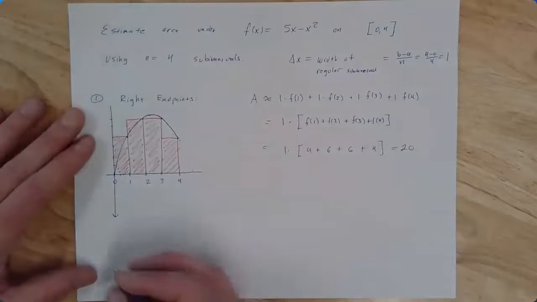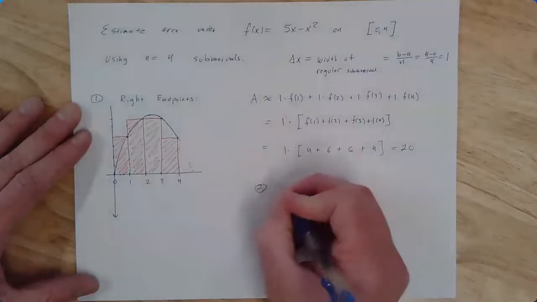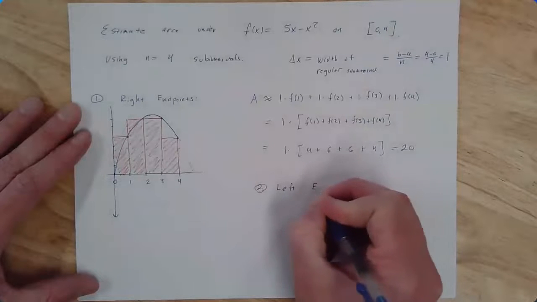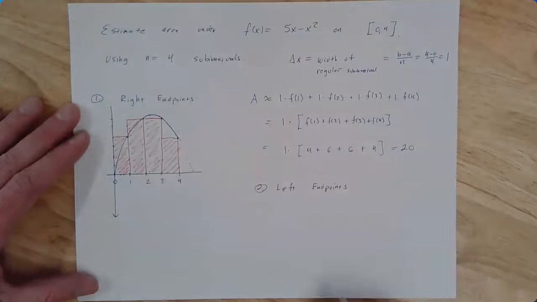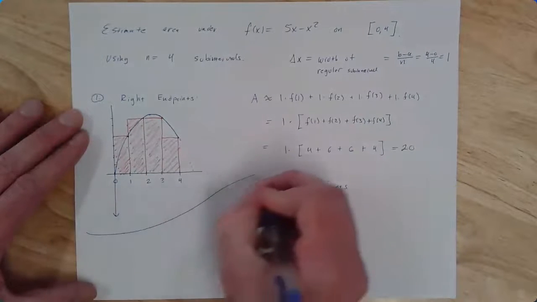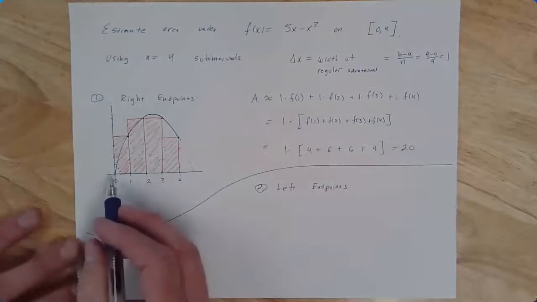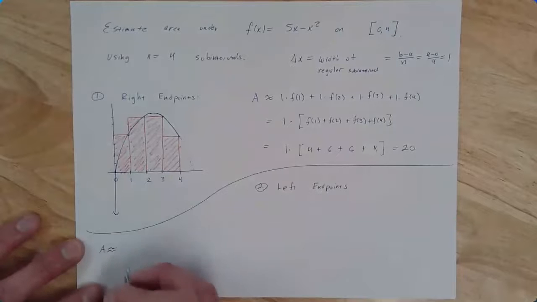Let's talk about what left endpoint is going to look like. Yeah, we can fit in left endpoints. So do left endpoints here. Now I do want to draw the picture, not because we need it, just so you can see it. But before we draw the picture, let's do the calculation. I know it seems kind of backwards, but we can easily do the calculation by saying, well, using left endpoints, the area should be approximately, all the bases are still 1.